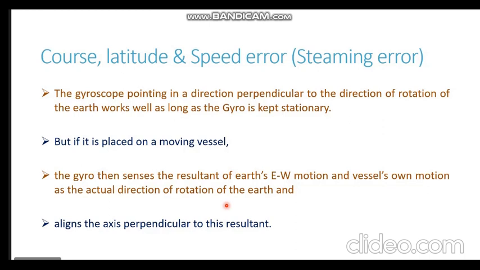It is basically the actual direction in which the gyro compass is being taken with respect to space. And then it aligns its axis perpendicular to this resultant. So this is the reason for generation of the steaming error. We will understand it from the diagrams also, where it will become more clear to you in the coming slides.